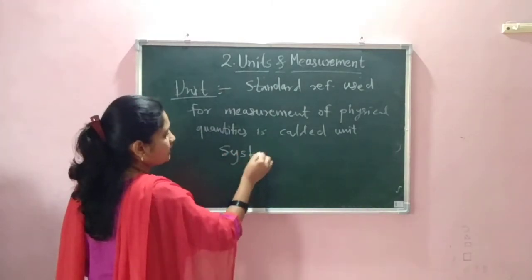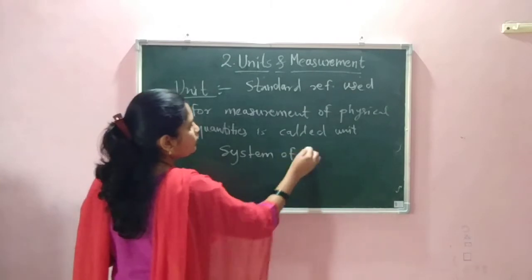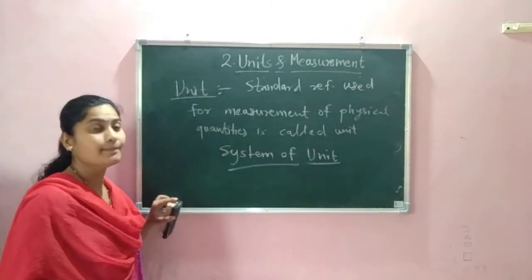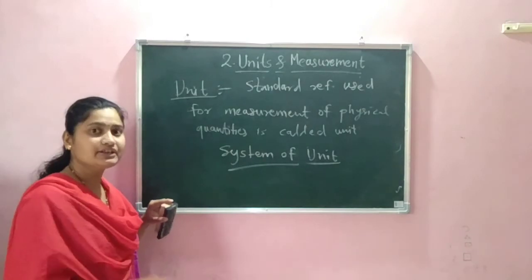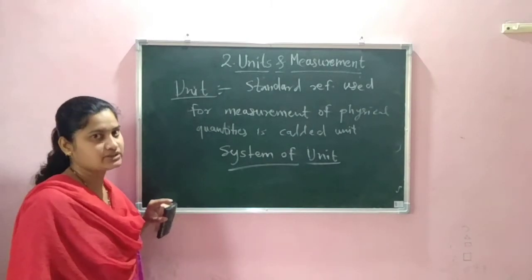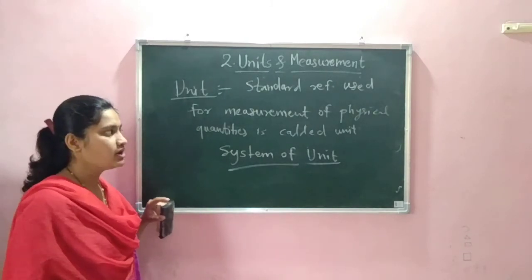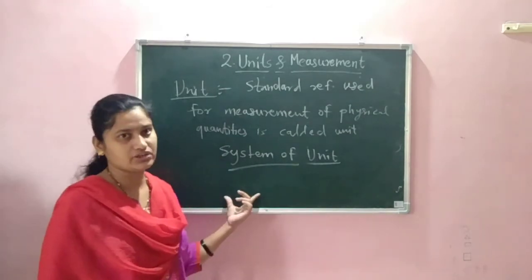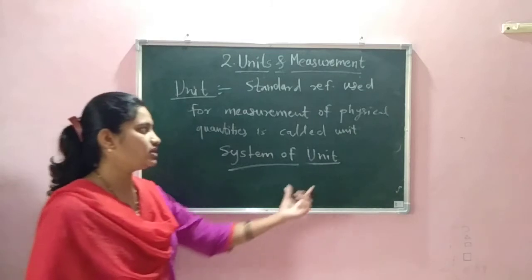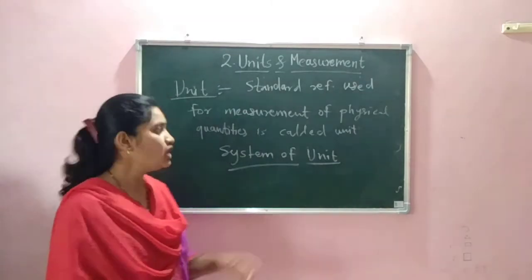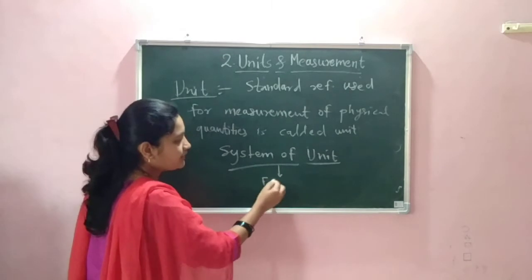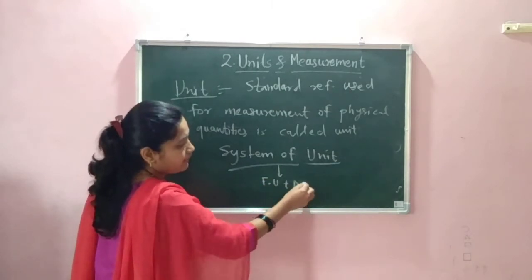A system of units is a complete set of fundamental units and derived units. The unit of a fundamental quantity is called the fundamental unit, and the unit of a derived quantity is known as the derived unit.